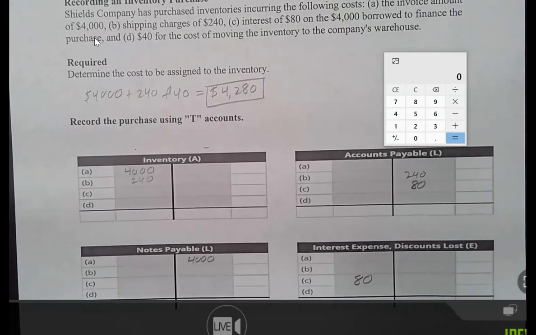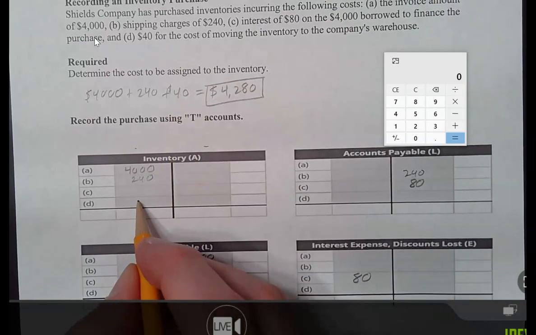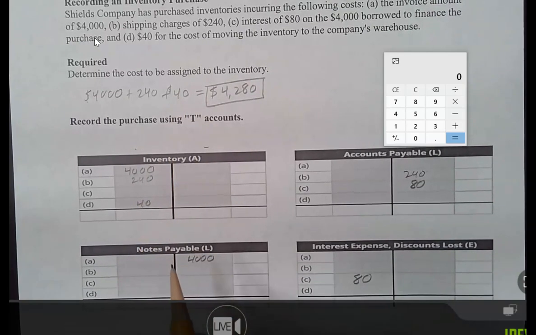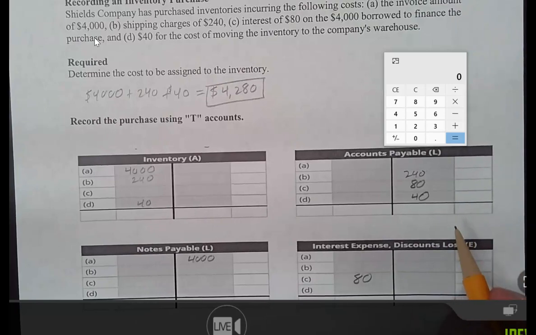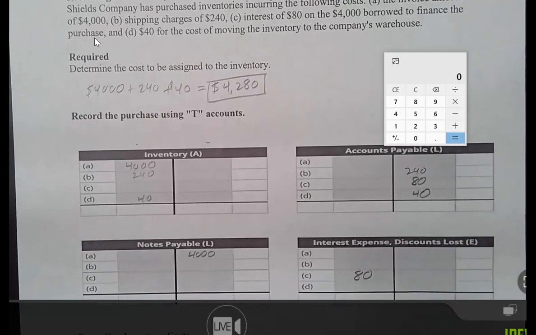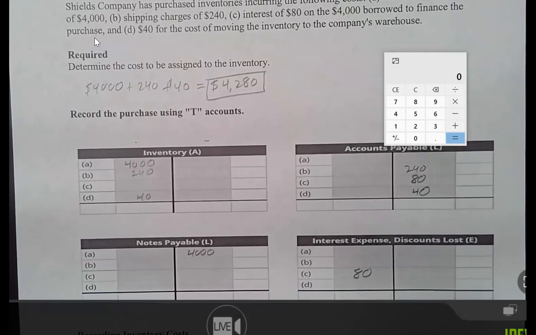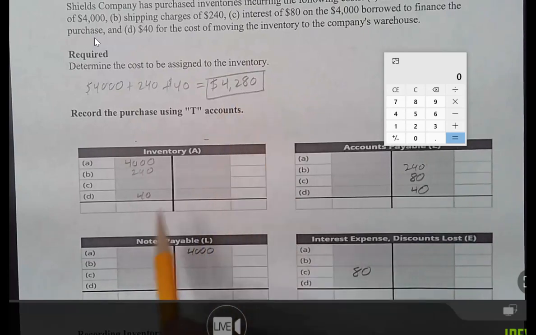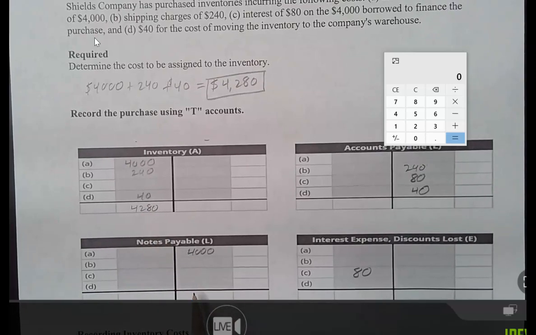All right. And then finally, we have the $40 cost of moving the inventory. That is an inventoriable cost. We said so right up here. So we're going to plot that $40 here. And then we're also going to assume that we paid somebody, or that we are going to pay somebody. So we have a short-term payable. And so then what we can do is tally all of these items up. Now for inventory, we can just drop down this figure that we already calculated.